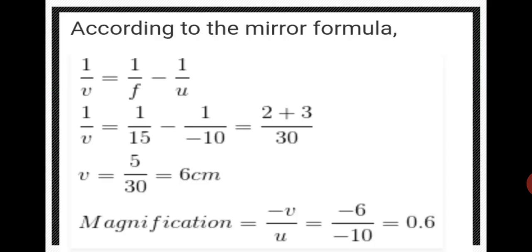And again using the magnification formula, you can find out how much the image is magnified. So you get the magnification m is equal to 0.6. What do you understand by this? It means that the image formed is smaller than the object.